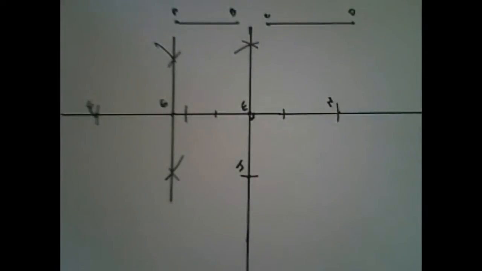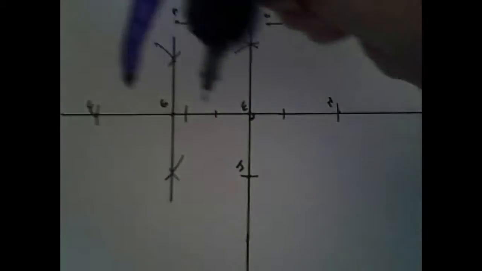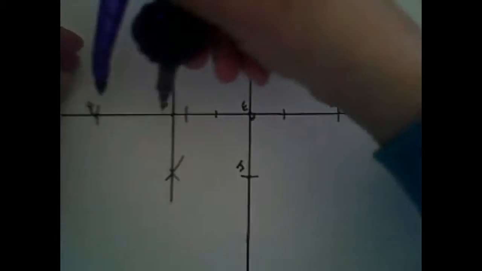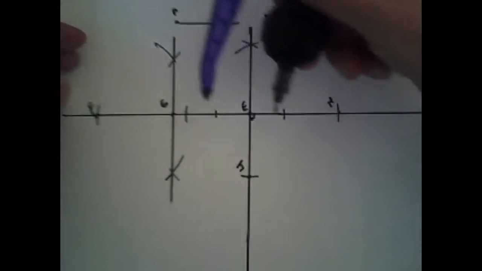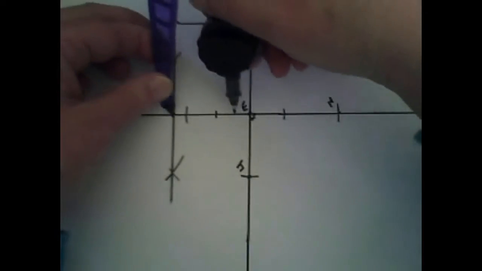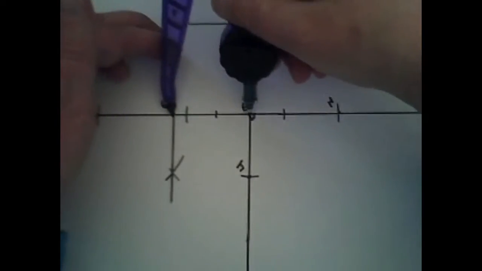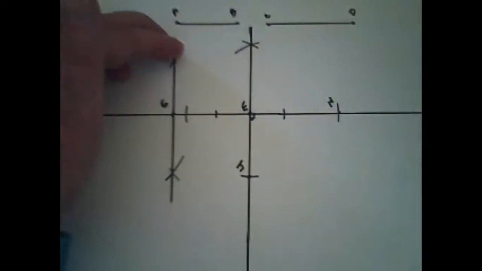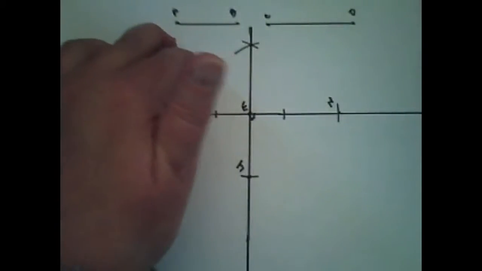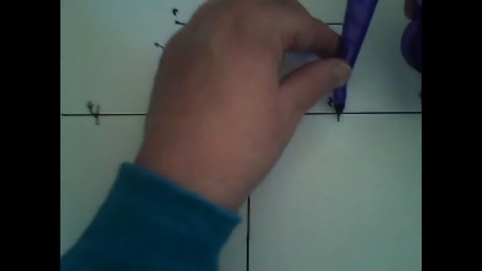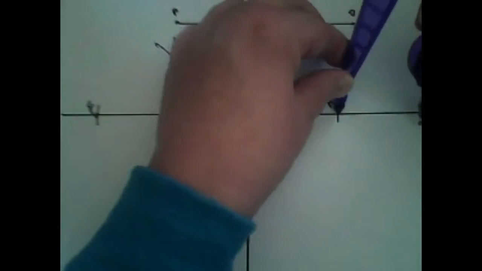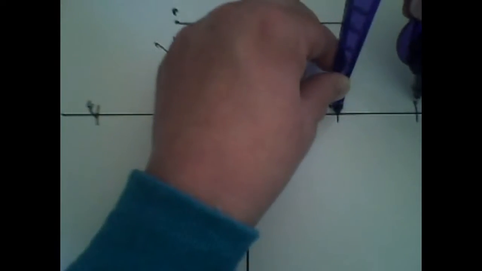All right, now what we need to do is take this measurement, remember from F to G or G to E, that is the arithmetic mean of the two line segments we started with. And we need to copy that measurement right here.